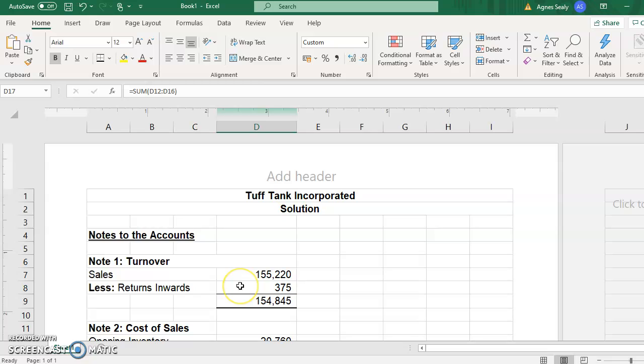So in this first video, we went through the question and we started our notes to the accounts by calculating our turnover, which is sales minus the sales returns or returns inwards.